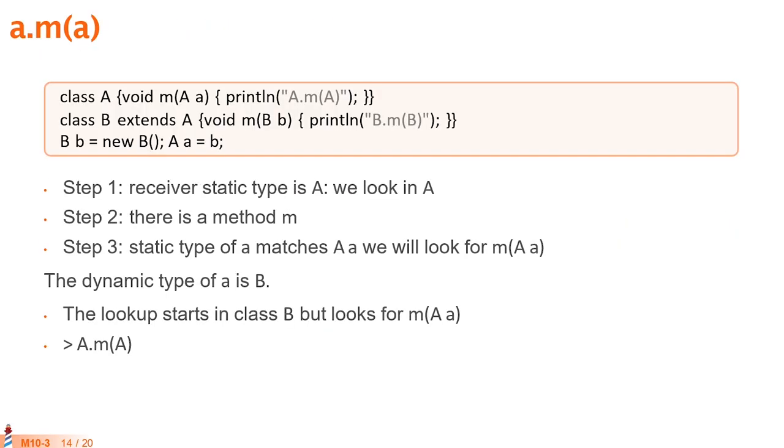Again, we have the same extract of code. Remember, we are going to do it easily. We have this static view, and in the dynamic view we have the variables A and B, and both are pointing to the same object that has dynamic type B. So we have to see what happened here during the compilation and during the execution.